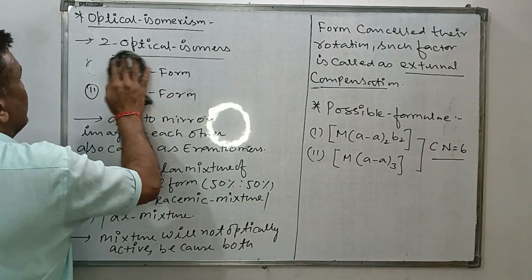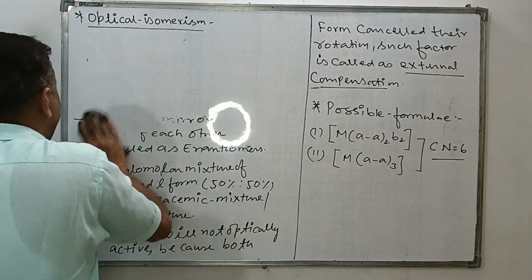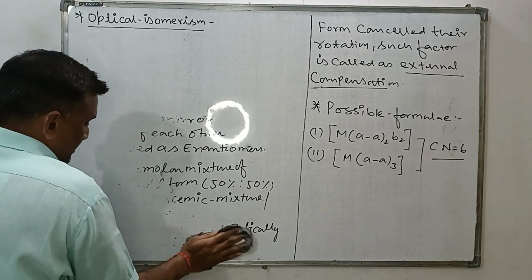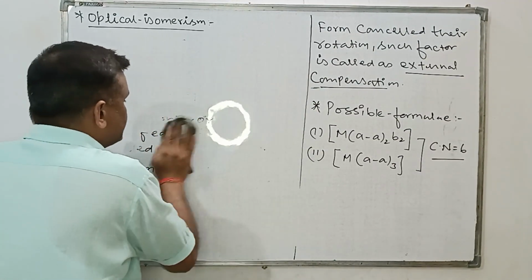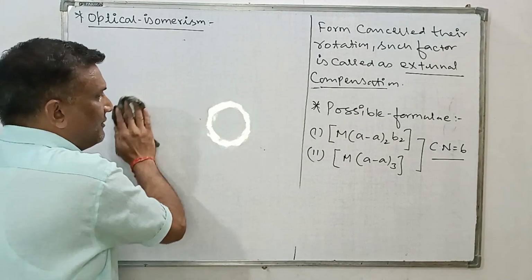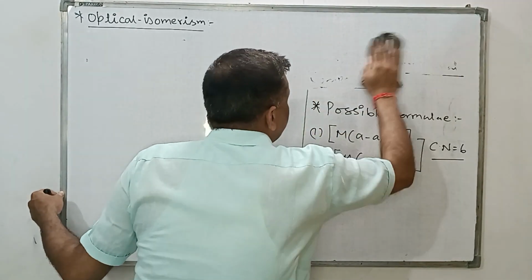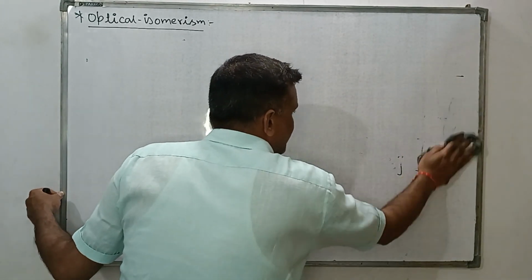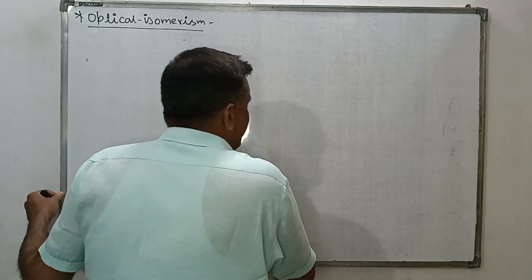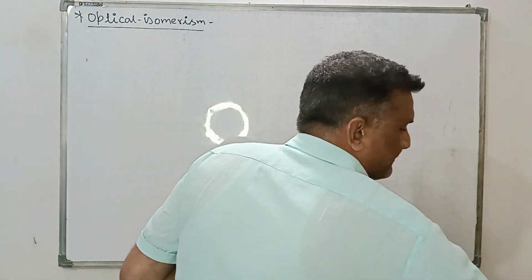So first of all, we will go with the first formula, that is MAA2B2. In the previous video we discussed the geometrical isomers of this formula, MAA2B2. There are two forms of this compound, one the cis form and another the trans form.